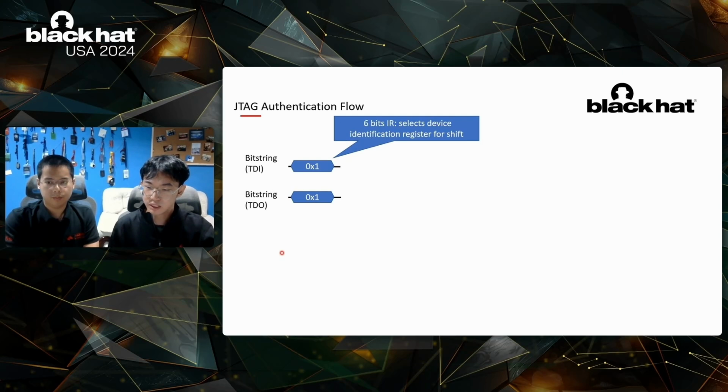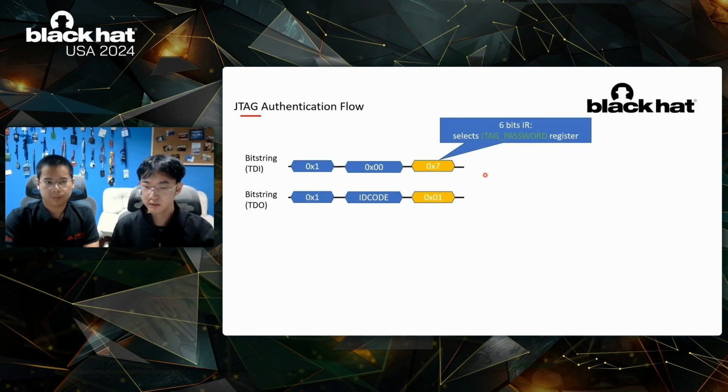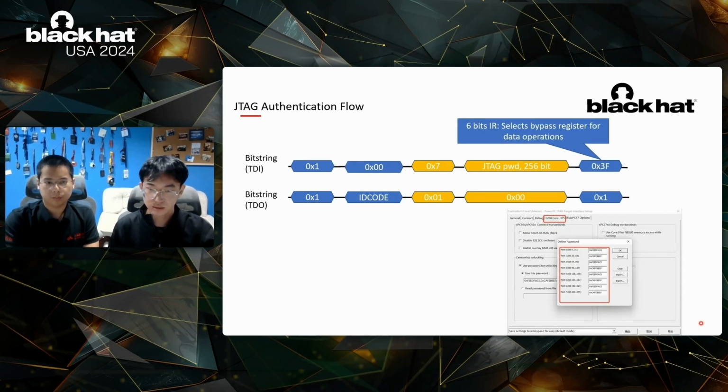First, UDE issues the 6-bit instruction hex 01, which we know is to ask for the device ID. Then the SPC5 returns the ID. Next, the UDE issues hex 7 to select the JTAG password register to start the JTAG authentication process.